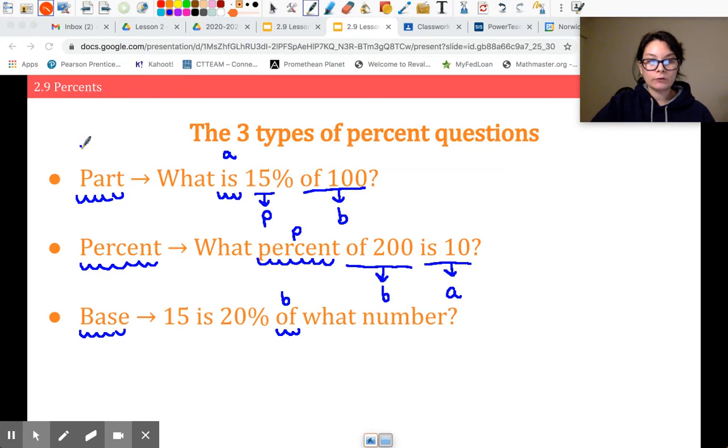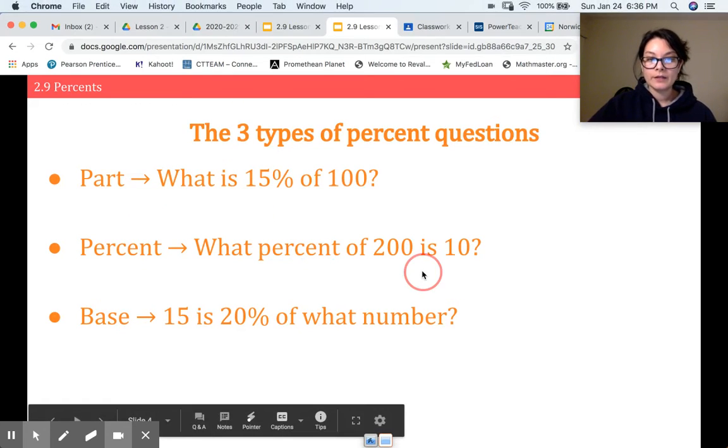Part, we're looking for the word "is." Percent, we're looking for the word "percent." Base, we're looking for the word "of." Okay, so if it says "of what is," that's telling you what our variable is going to be. Everything else would then be a number.